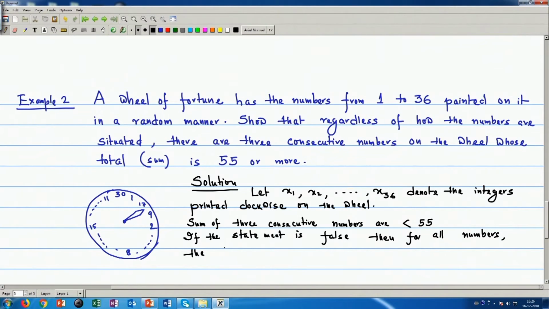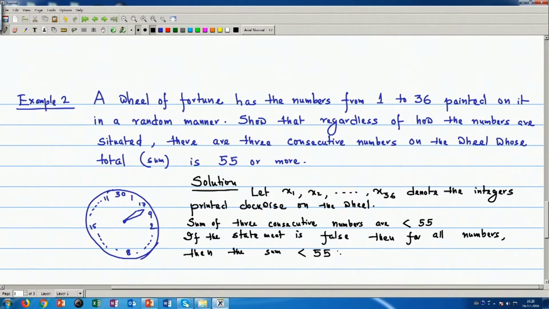Then the sum of any 3 consecutive numbers is less than 55. Now, how many sums are there on a wheel?